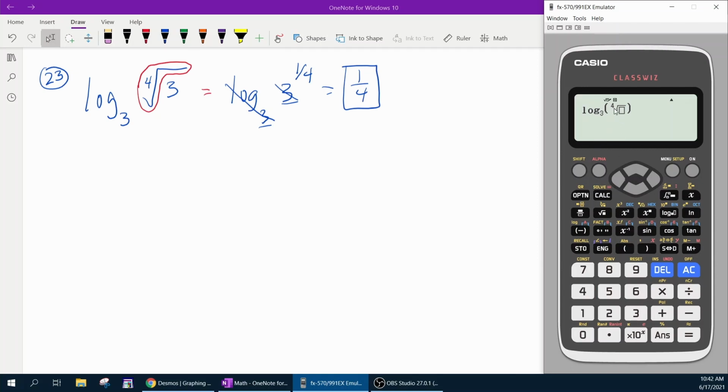We're going to fill in a 4 for the root and a 3 for the radicand. Now notice this says exactly what the book gave us. Log base 3 of the 4th root of 3 should work out to be 1/4. Bam, and it does.